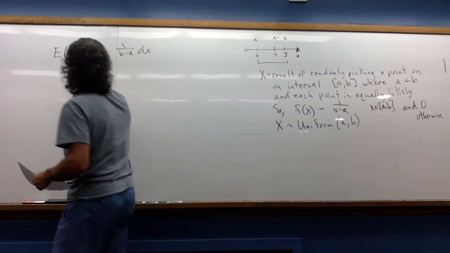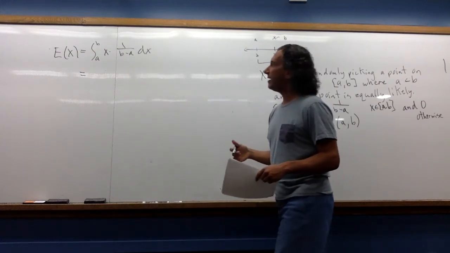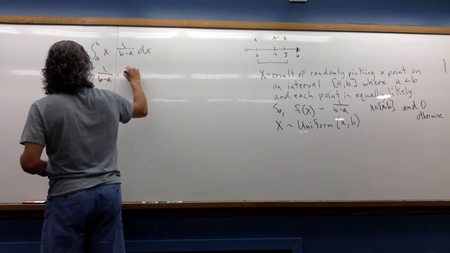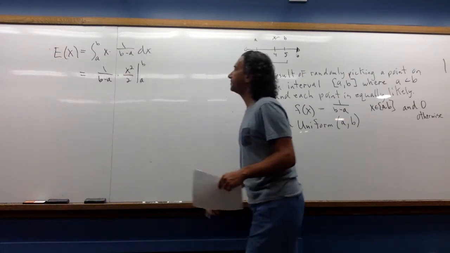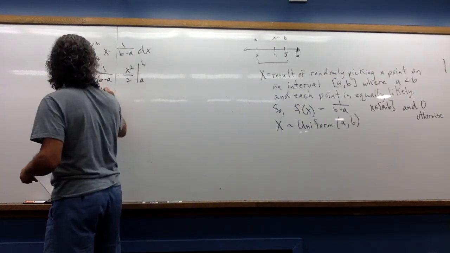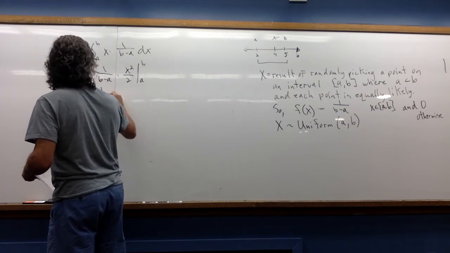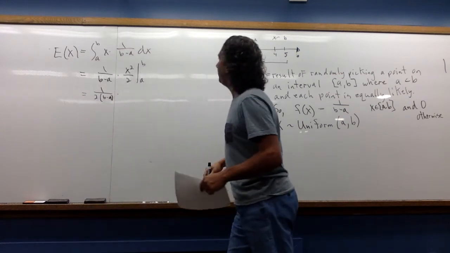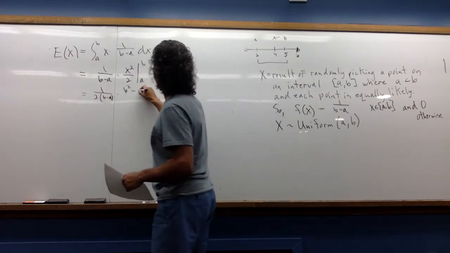Right, hopefully you said, oh, this isn't bad at all. 1 over b minus a is a constant. Right, that guy goes along for the ride. So we have 1 over b minus a times x squared over 2. So we get 1 over 2 times b minus a, and this is going to be b squared minus a squared on top.